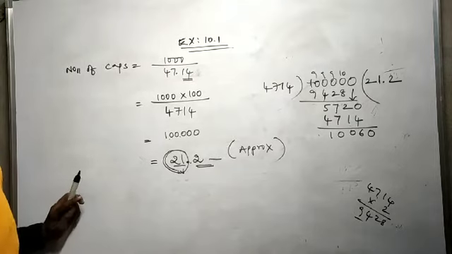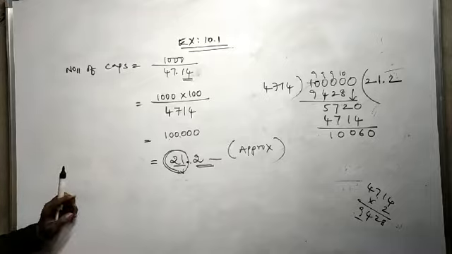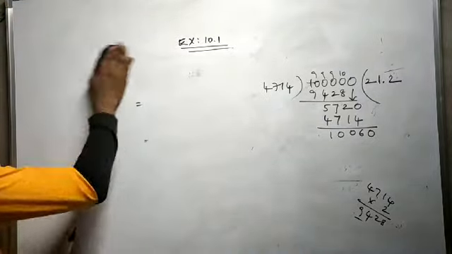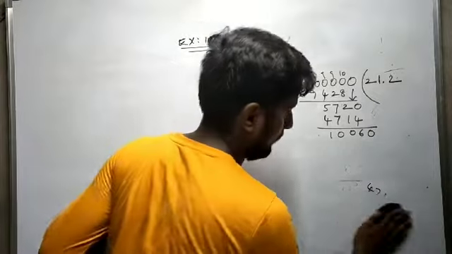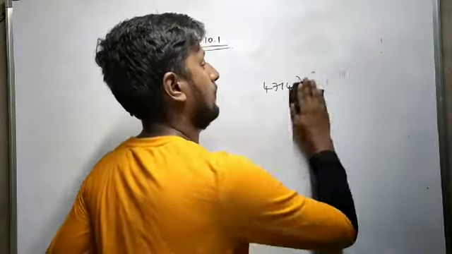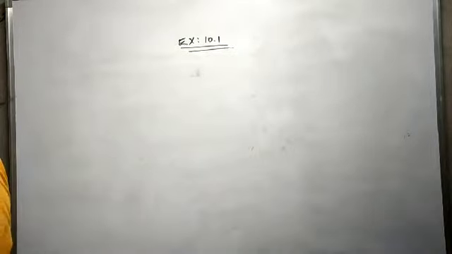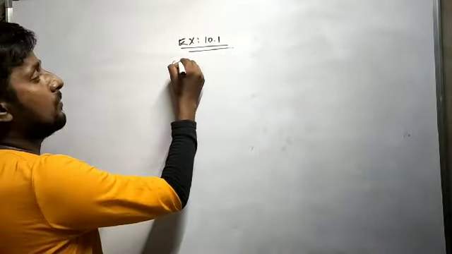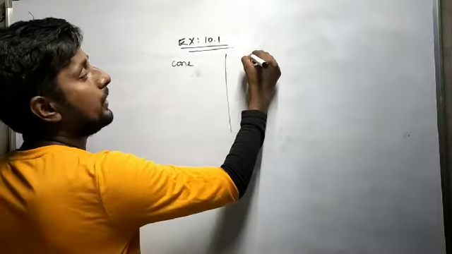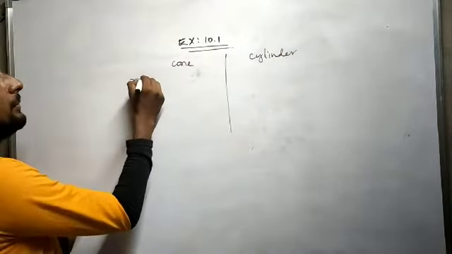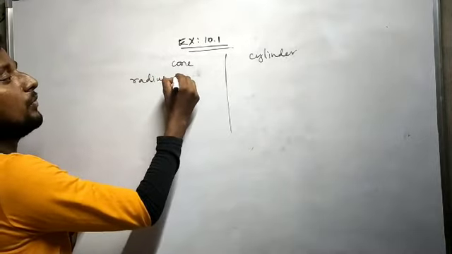a cylinder and cone have bases of equal radii and equal height. Good. A cone and a cylinder have equal radii. Radii is the plural form of radius.